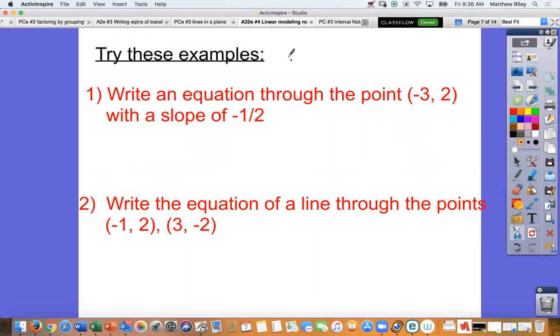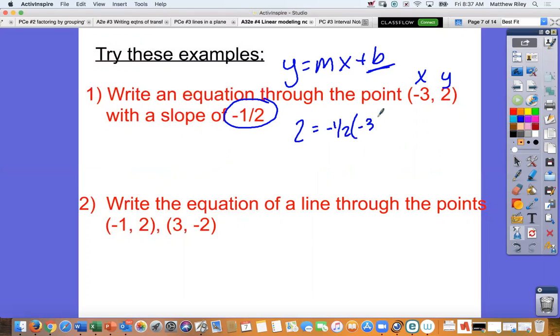And again, I'm not trying to confuse anybody, but here's another way to do this. If I know that that is slope intercept form, and I know that this is an x and a y, and I already know my slope, well, all I really have to do is find b. So my y value is 2, my m is negative 1/2, my x is negative 3, plus my b value.